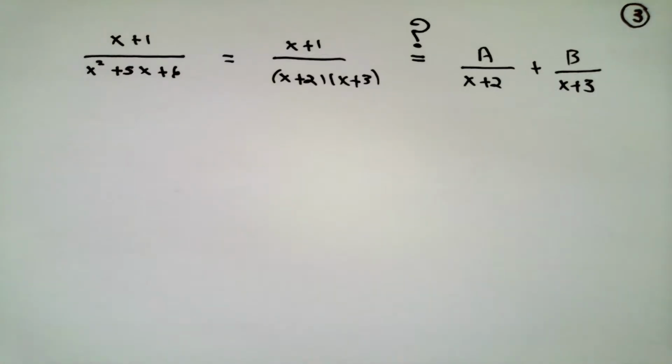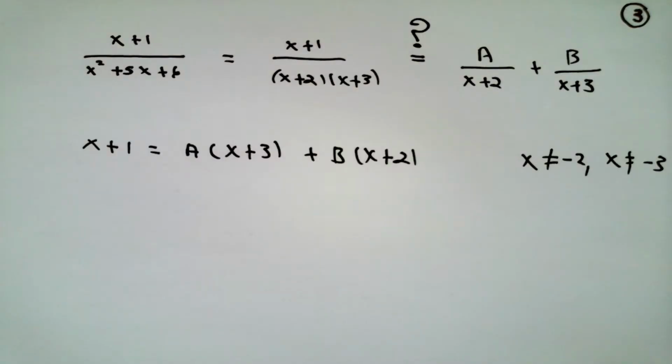Assuming for the moment that we're not looking at one of these bad spots, multiply through by both (x + 2) and (x + 3). x + 1 should always equal A times (x + 3) plus B times (x + 2), except when x is -2 or -3, which I should never put into this formula.